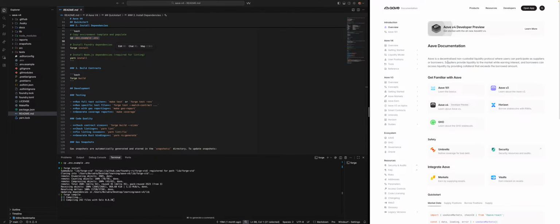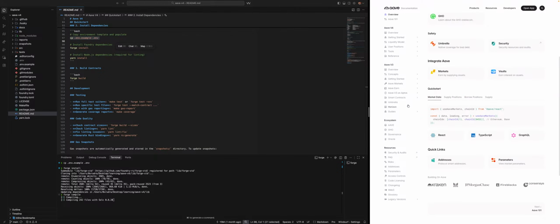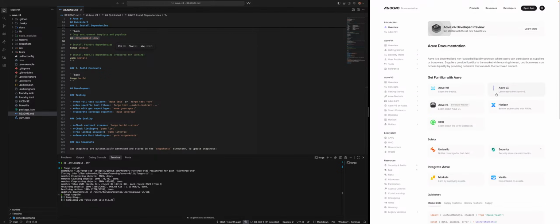Okay. So there's a lot of ground to cover here. So I'll quickly jump in and understand what is needed for us to understand the code base.